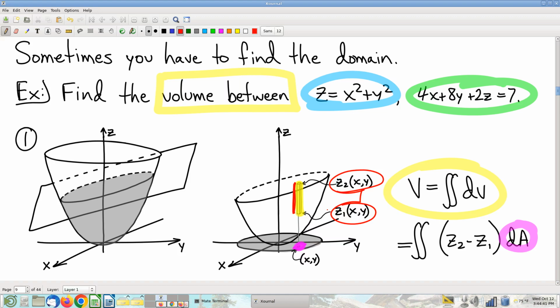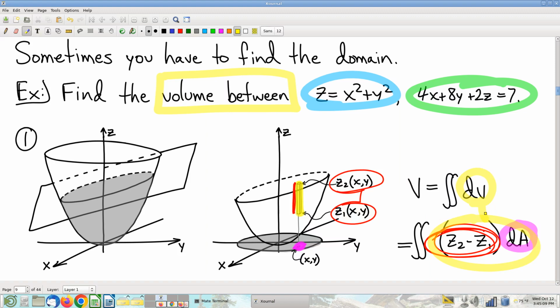There's a z-coordinate at the bottom. And the height is the higher height minus the lower height. And so, volume is height times the area of the base. Little piece of volume, height times the area of the base, and boom, there's your double integral. Okay, so that's Riemann sum stuff.